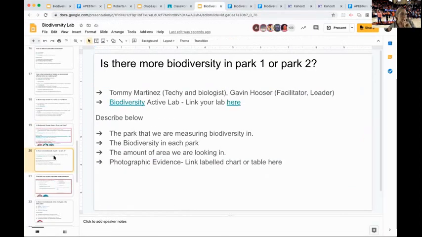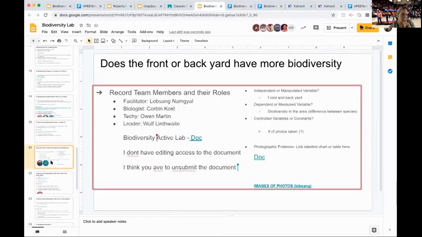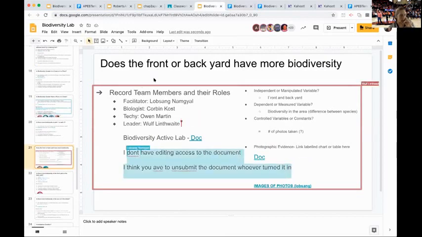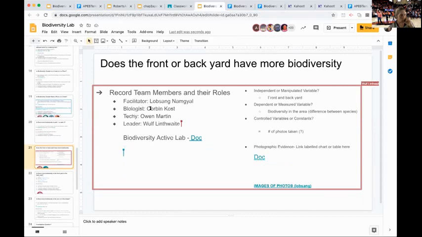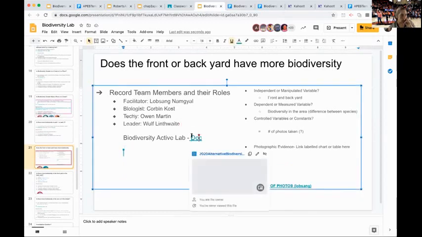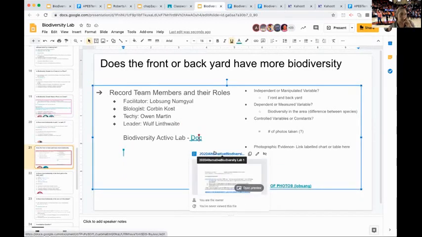So let me look at somebody else's now. So Tommy, Gavin, here we go. This is a group that's here. Does the front or backyard have more biodiversity? Good, I see they have their question, they have their roles. And if I click on their biodiversity link, let's see where it takes me.